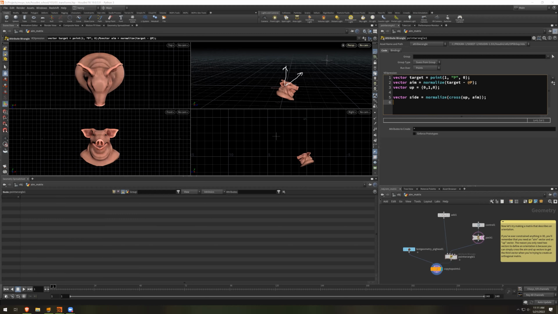So it's going to be pointing out here. But if you look at the difference between the aim vector here and the up vector, this is not an orthogonal matrix, right? This side vector is orthogonal to these 2, but up and aim are not orthogonal to each other.